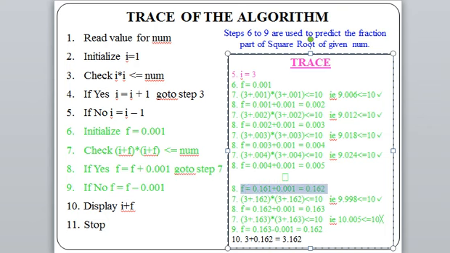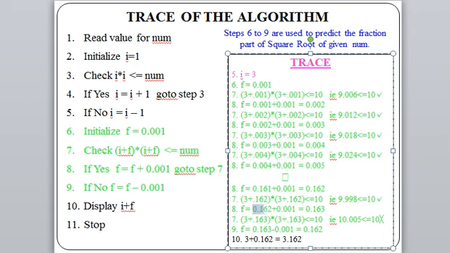Let us consider a situation now. We have the previous value of f as 0.161. It is added by 0.001. We now have 0.162. Now 3.162 into 3.162, when we multiply, we get 9.998, which is again less than 10, or not equal to 10. The condition is true.